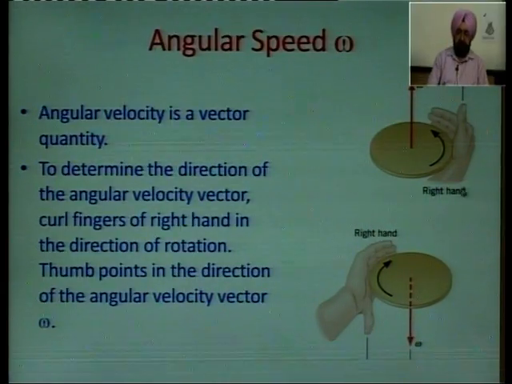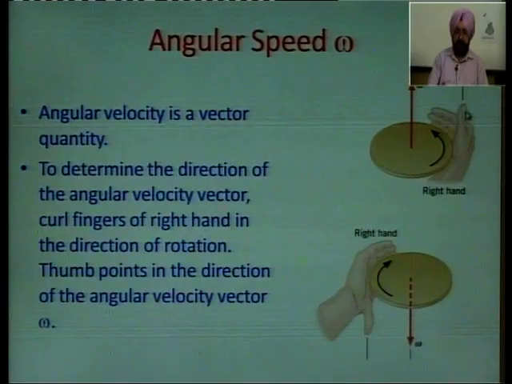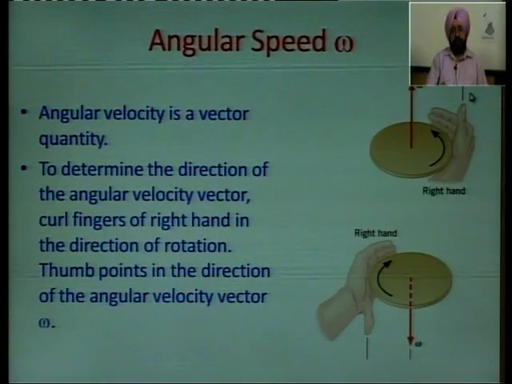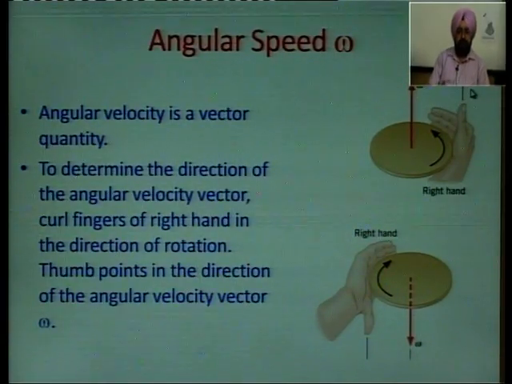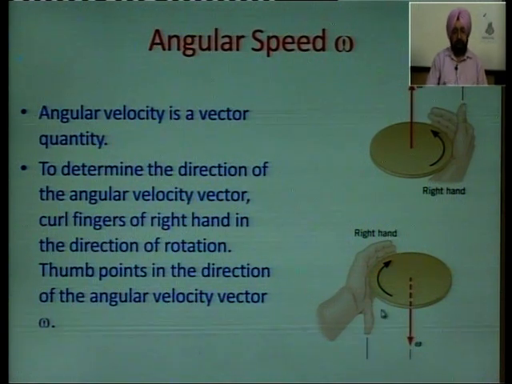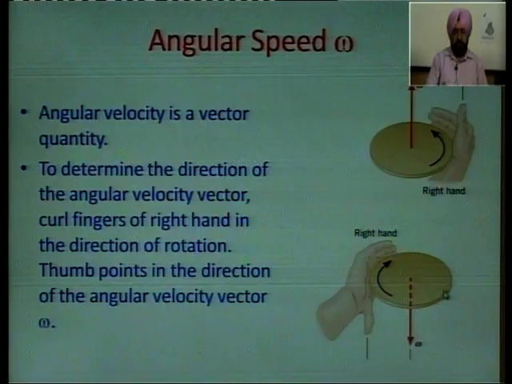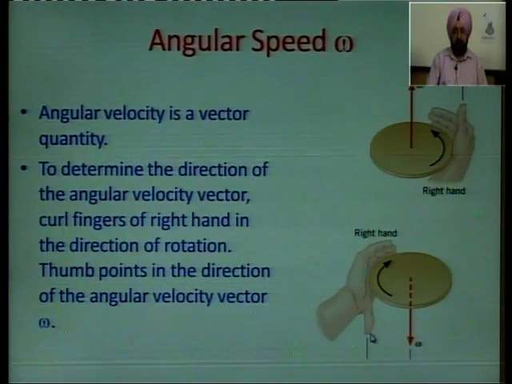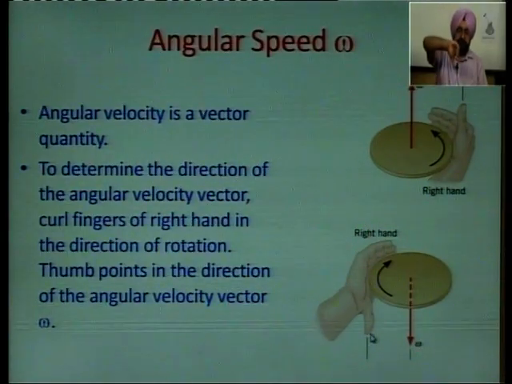If it is rotating in anti-clockwise direction, your fingers will be curled like this. Then the direction of the thumb will give you the direction of angular velocity vector. If the body is rotating in clockwise direction, then you see the fingers will curl in this way and the thumb goes down. So, it is like this.